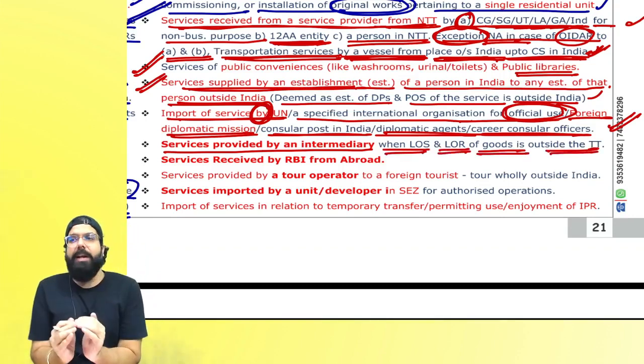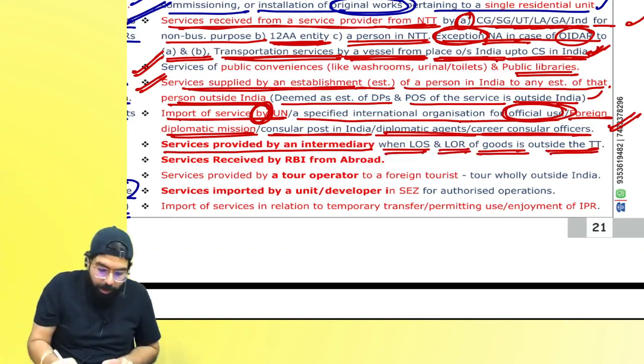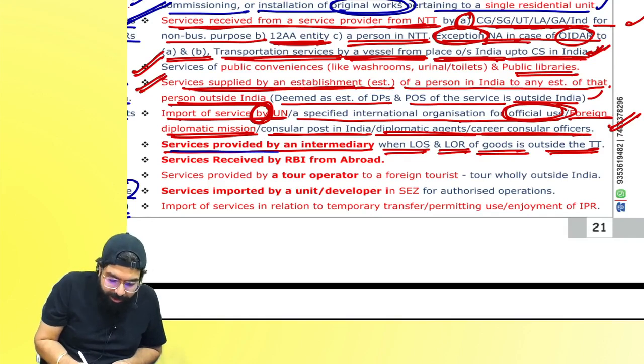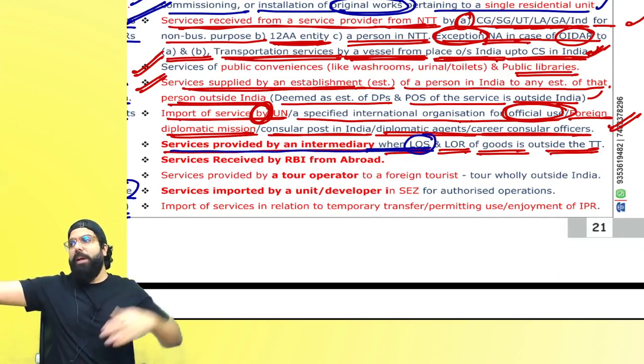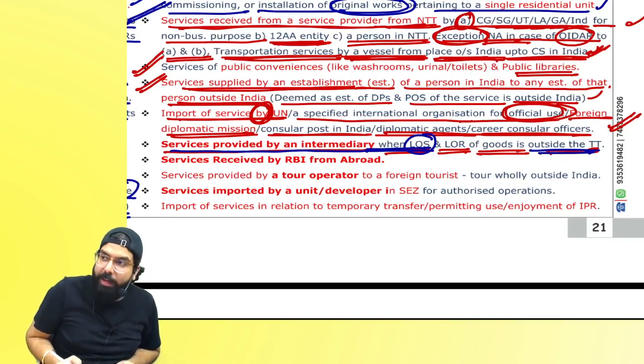I am an intermediary, supplier and recipient both are outside India. In that scenario, they are telling that the services of the intermediary shall be exempted.